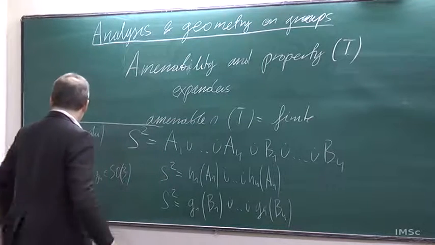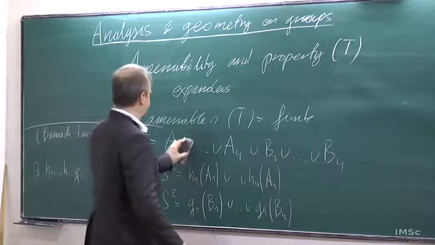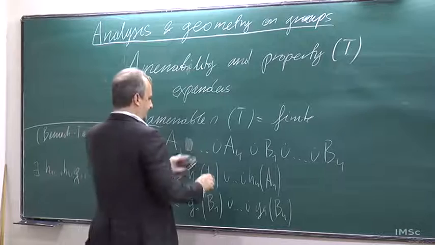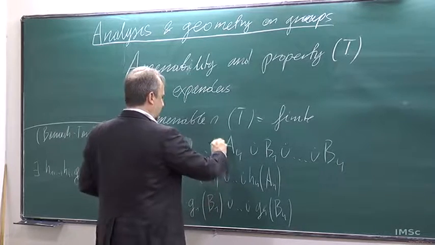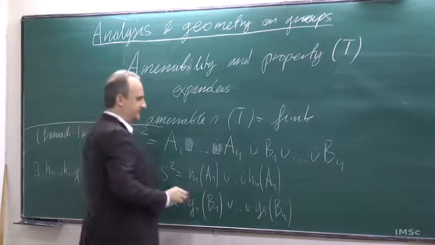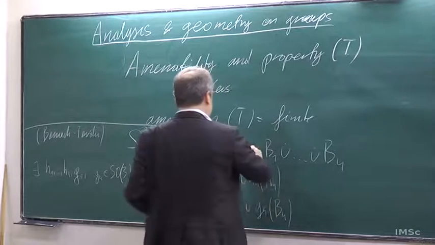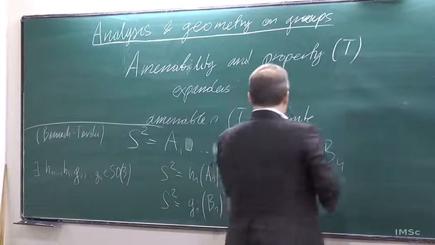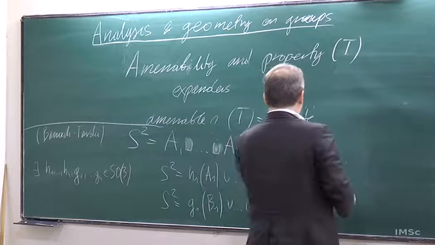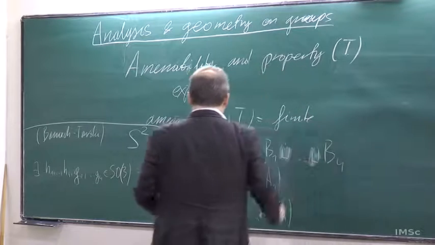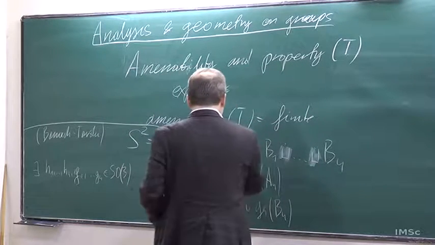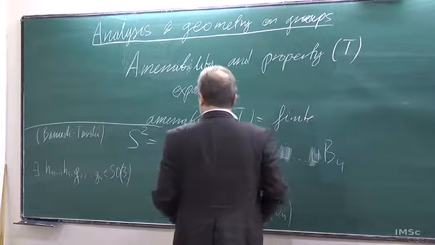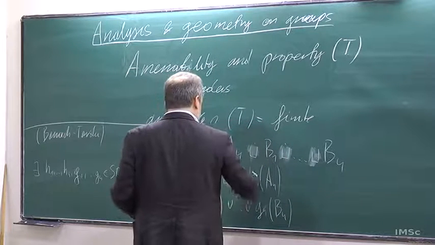Okay, I will. With the dot? Still with the dot. Okay. Very good. Right. Yeah, it's important. It's disjoint. Okay, and it's called the Banach-Tarski paradox.